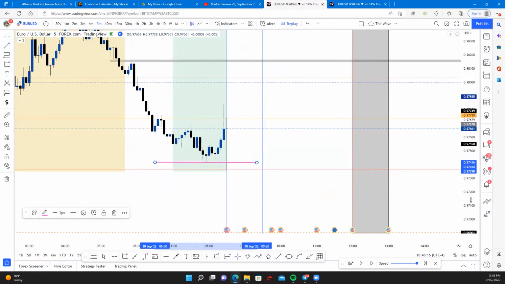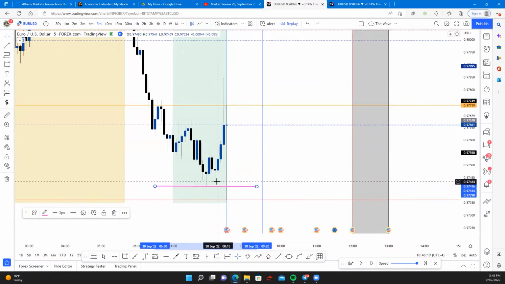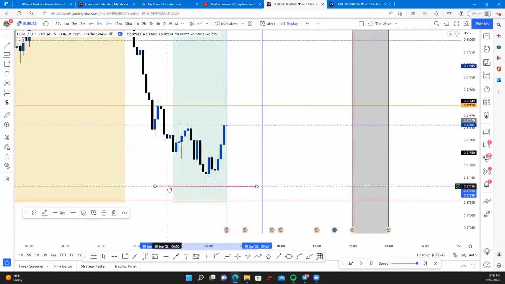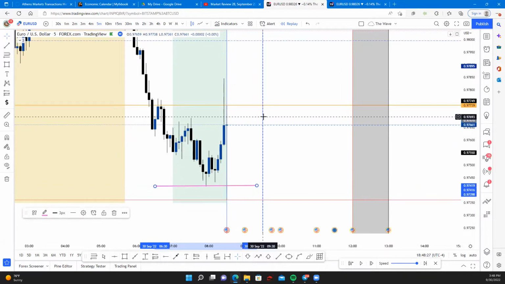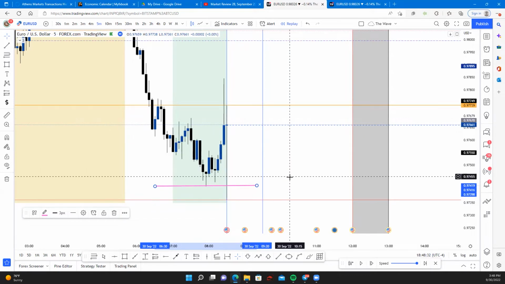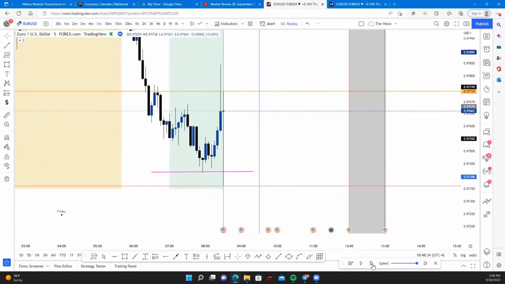There's no really relative equal lows. This is kind of close, but this would be the last swing low, so this would be a small area of liquidity. So we're waiting for our next optimal time of 9:30 New York AM to look for another possible entry.